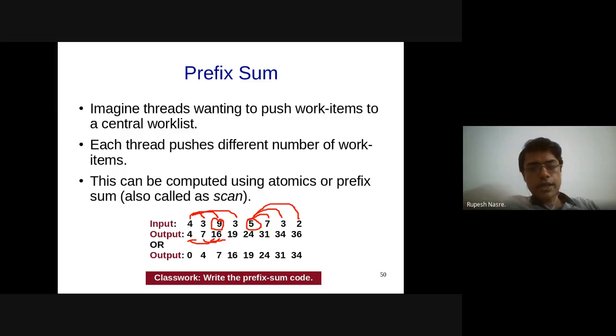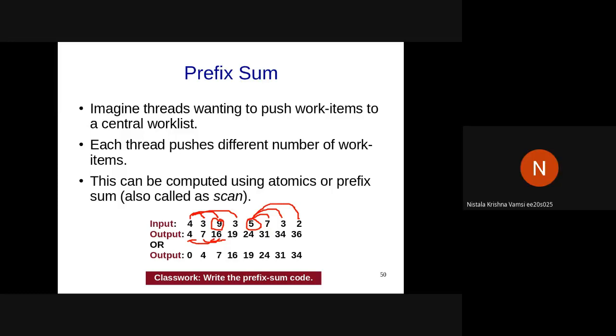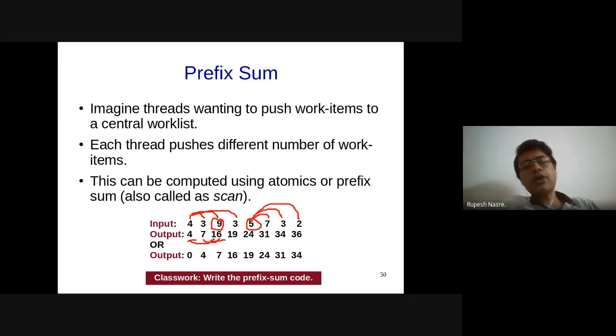So there is a data race here. Sir, it should be a of threadIdx.x. Oh, I see. So a of threadIdx.x plus equal to val of I. Or maybe you want to start with I equal to threadIdx.x. No, but I less than threadIdx.x. Okay. Yeah, that is correct. So I was coming to that.